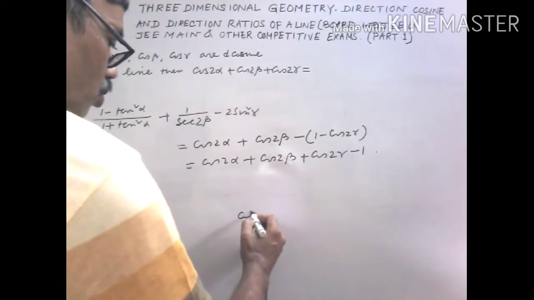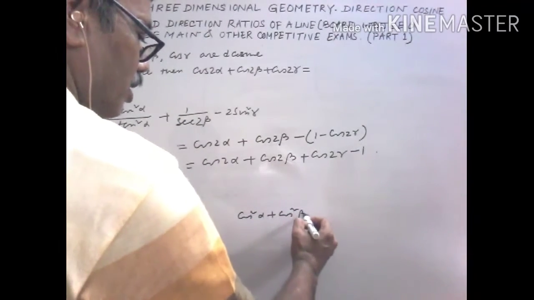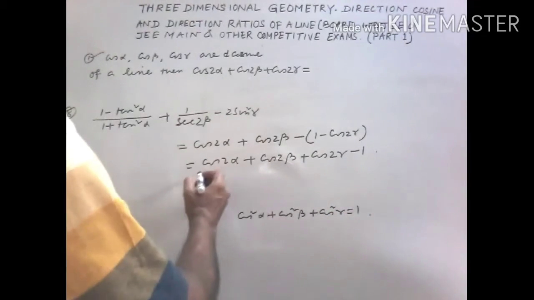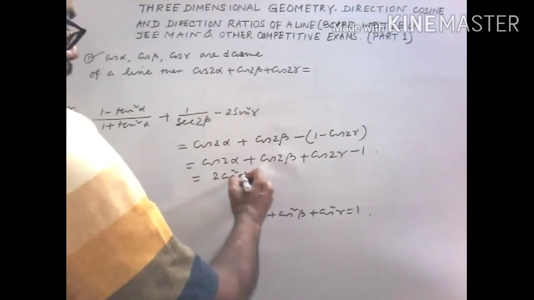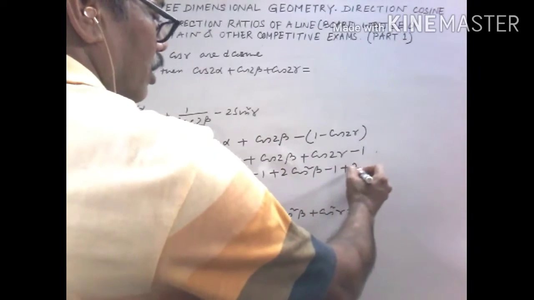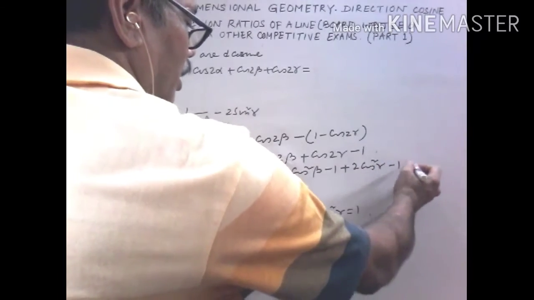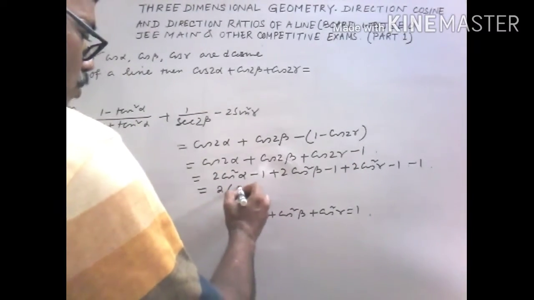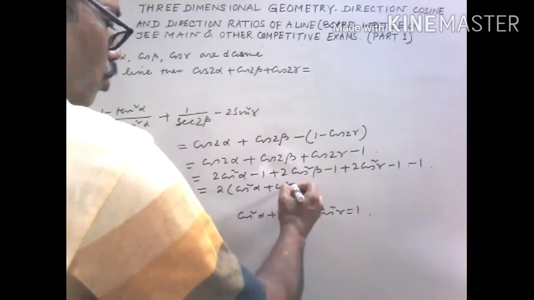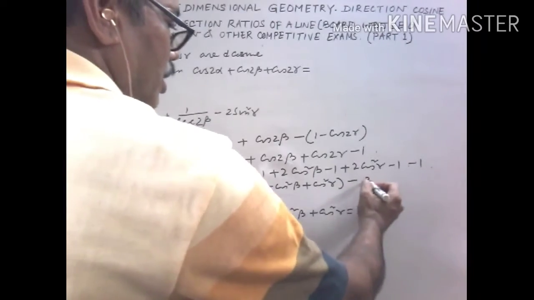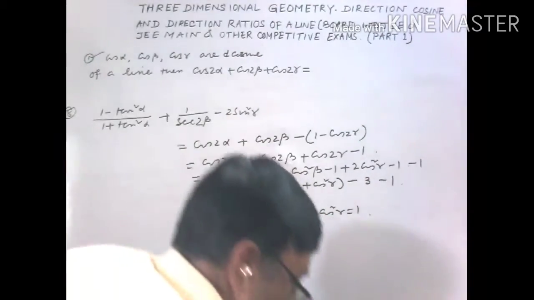Now we know cos square alpha plus cos square beta plus cos square gamma equals 1. So this is 2 cos square alpha minus 1, 2 cos square beta minus 1, 2 cos square gamma minus 1, and this one minus. Taking 2 common from cos square alpha, cos square beta, cos square gamma, we get minus 3 minus 1.